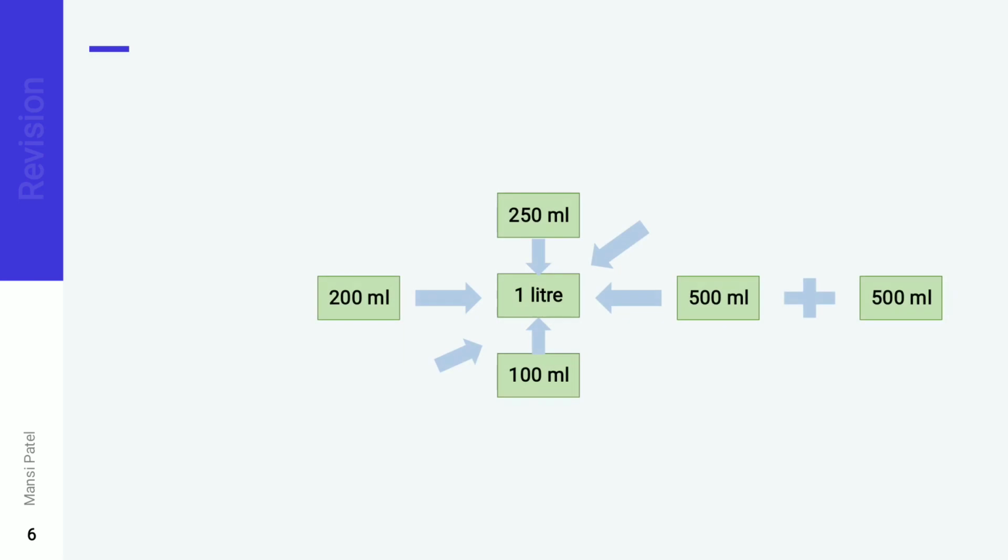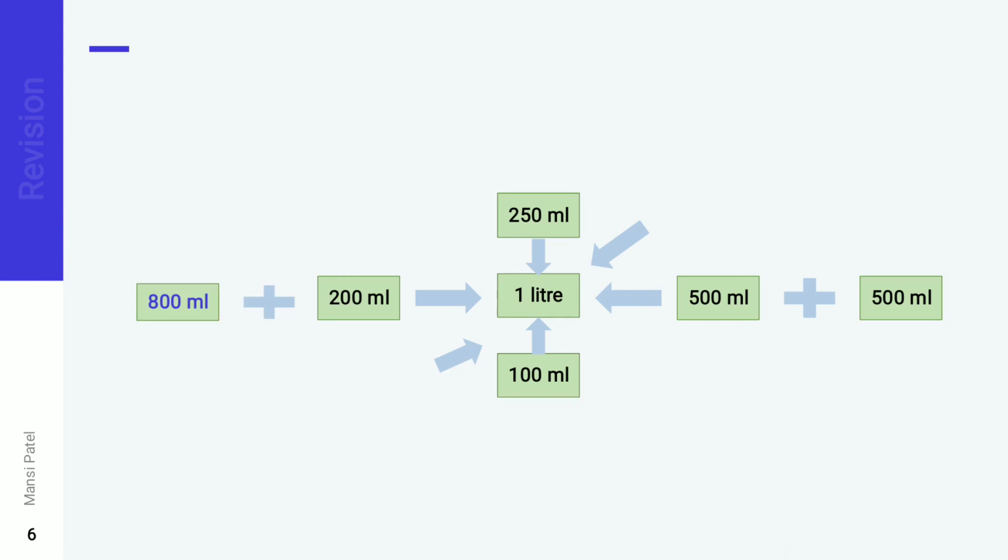Now see here, you want to make 1 liter in different ways. If you add 500 milliliter plus 500 milliliter, then you get 1 liter. On another side, three things are given to you: 100 milliliter, 200 milliliter and 250 milliliter. Now in this way, you want to make 1 liter.